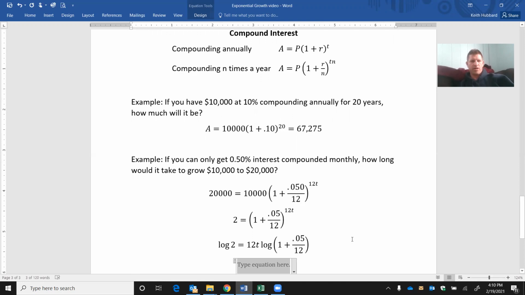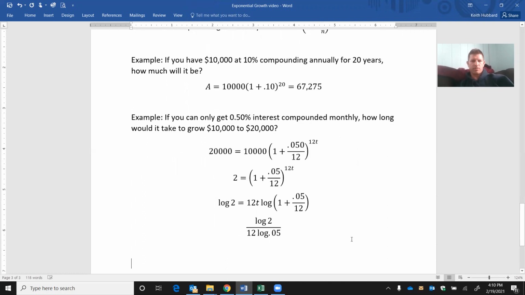I'm going to have my log of 2, but now I'm going to be dividing it by those other numbers, divided by 12 and divided by log of, oops, better do log of parentheses 1 plus 0.005 divided by 12. So much fun. That's how long it's going to take.